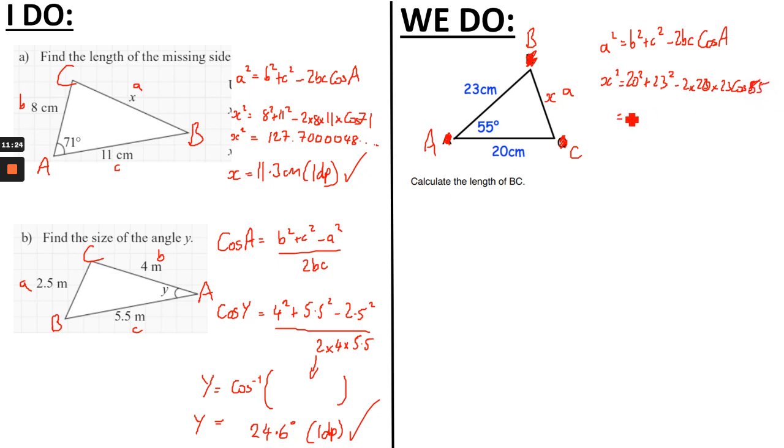If you type that in, 20 squared plus 23 squared minus 2 times 20 times 23 times cos 55, I get x squared equals 401.30967886. Square root your answer, and you should get 20.0 centimeters to 1 decimal place.